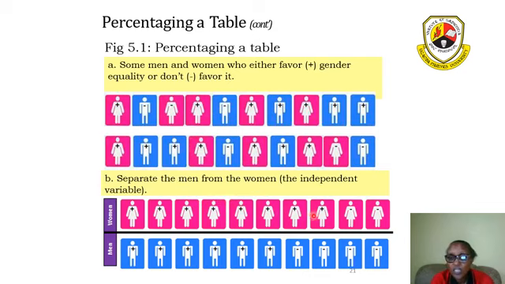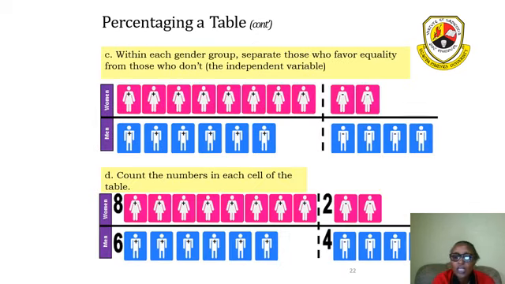The first thing is to separate the men and women and group them. How many said positive, how many said negative. Based on that, it showed that for women respondents, 20% were negative and 80% were positive.